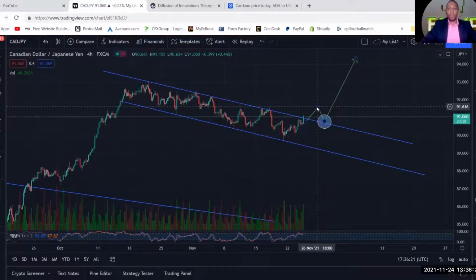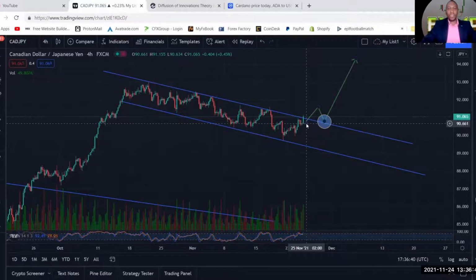Then we'll be looking for a pullback to test the structure, right? This is good to cement or stabilize the bullish analysis in this current scenario here, right?